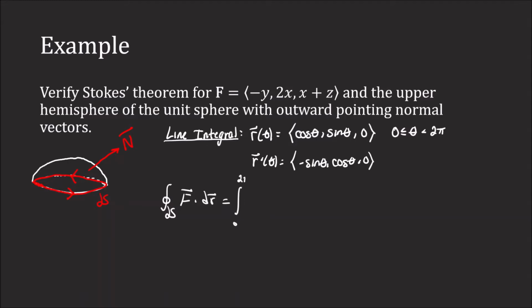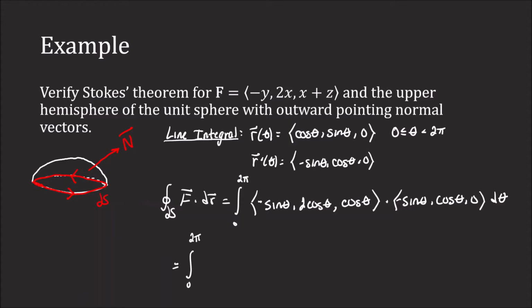It is now the integral from 0 to 2 pi, F evaluated at r, which is negative sine of theta, 2 cosine of theta, and then cosine of theta plus 0, dotted with r prime, which would be negative sine of theta, cosine of theta, 0, d theta.